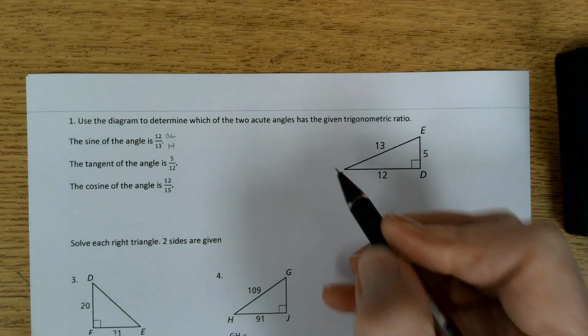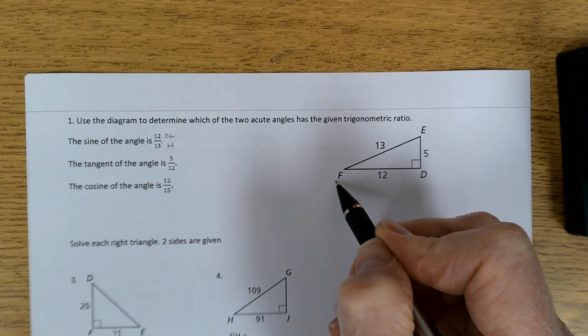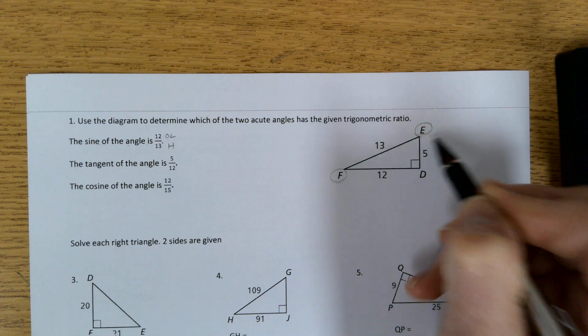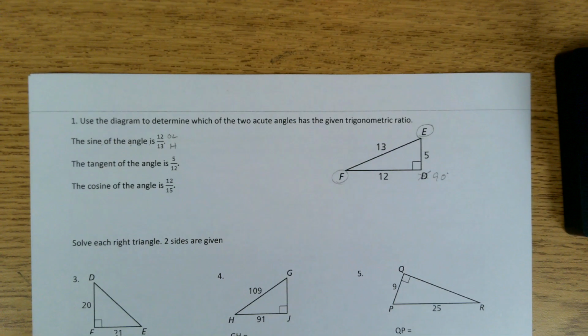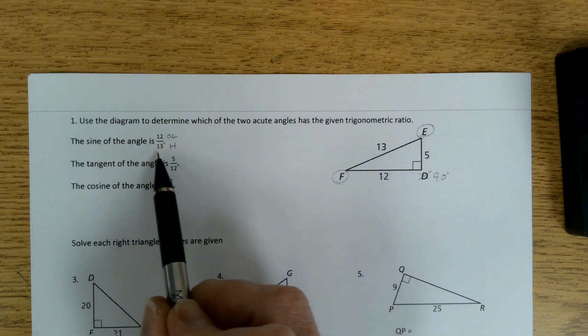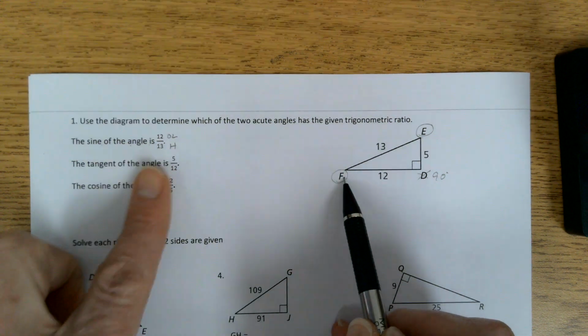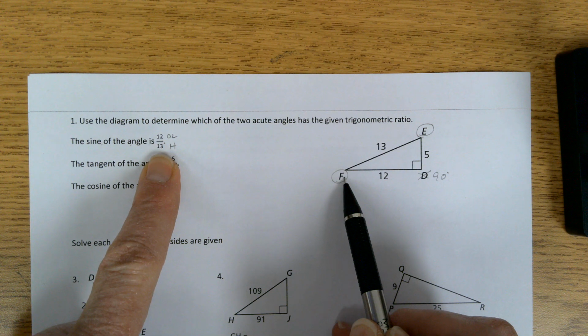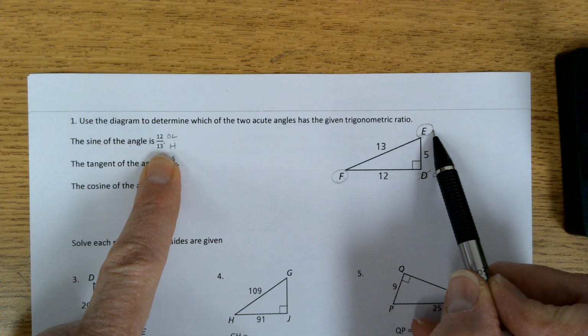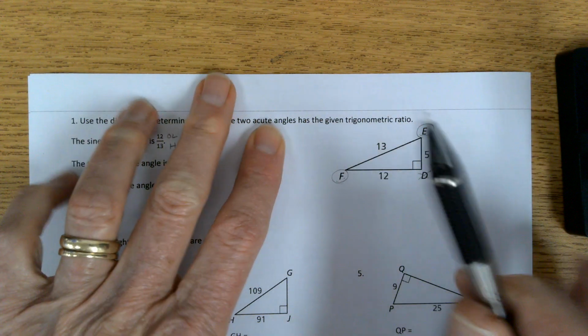Remember it has to be one of the acute angles, is it going to be F or E? D is out of the picture because it's equal to 90 degrees. I'm not using D. So does F have opposite leg of 12 and hypotenuse 13? Or does E have opposite leg 12 and hypotenuse 13?